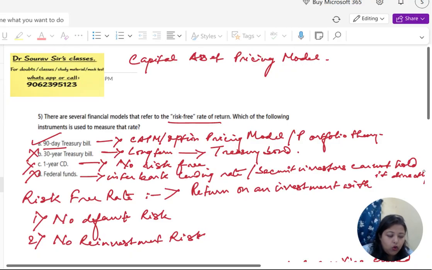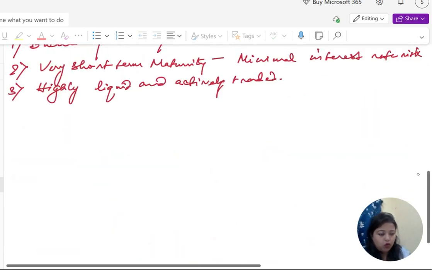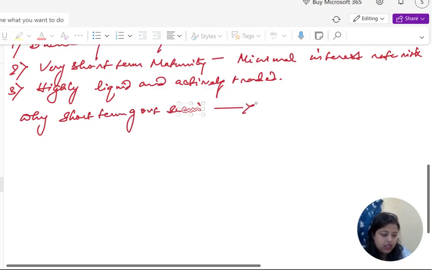Clear? Now, why are short term government securities used? Tell me. Because the risk free rate is equal to the short term treasury yield. That means if we talk about the risk free rate, we can talk about the short term treasury yield.